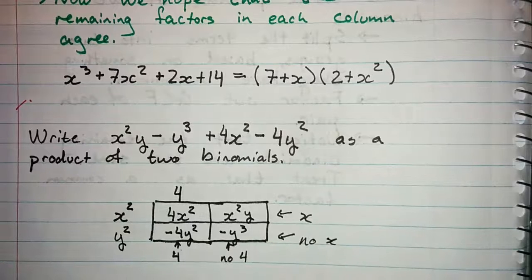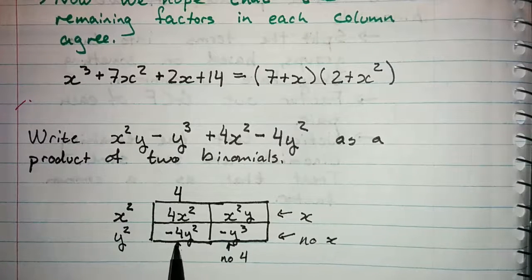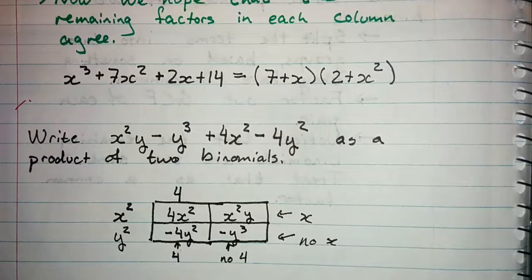Well, that's going to be a 4. Does 4 times y squared give me negative 4y squared? No, it doesn't. Oh, but wait. These are both negative, aren't they? So maybe I should say that this is negative y squared. I think that's going to be better.